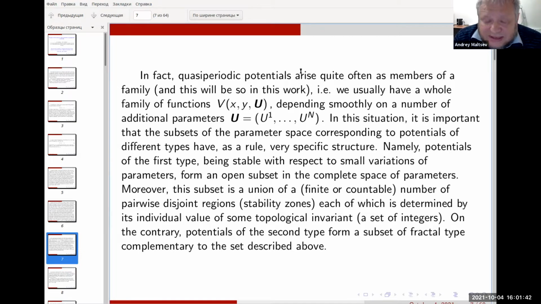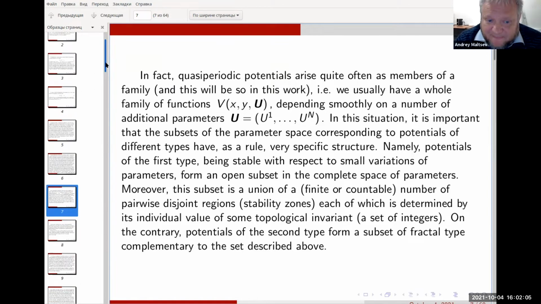So the first set represents actually a union of infinitely many regions with piecewise smooth boundaries, and its complement, the set which parameterizes chaotic potentials, can be represented as a fractal in the parameter space.